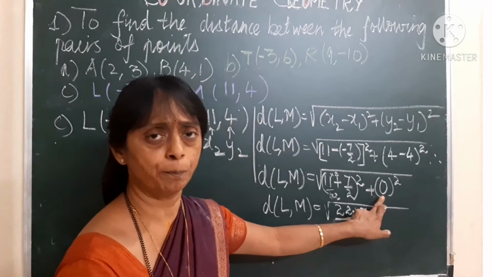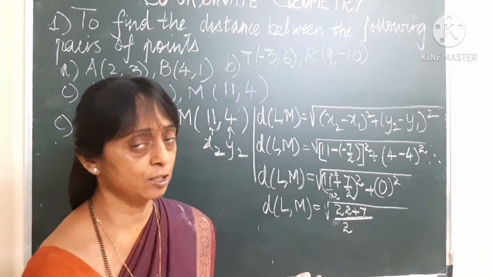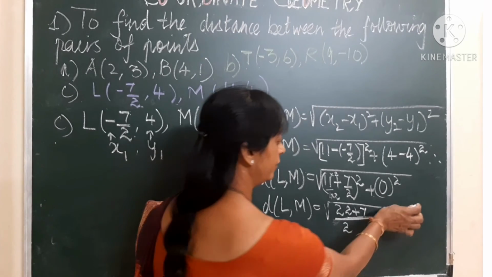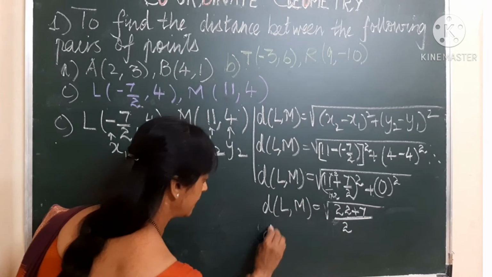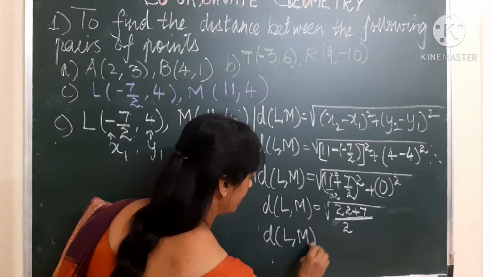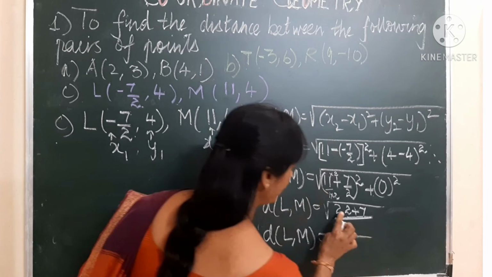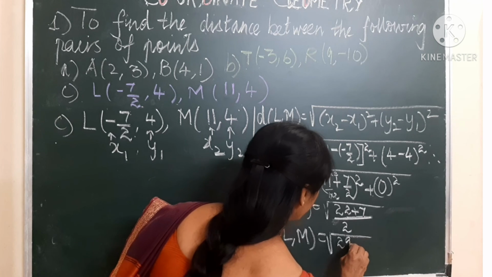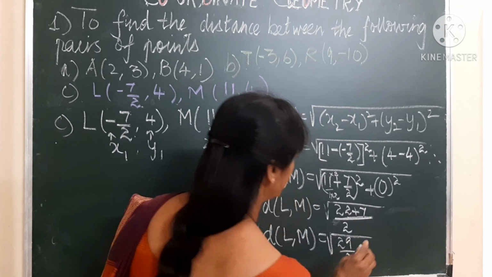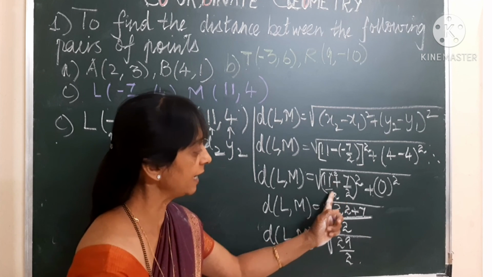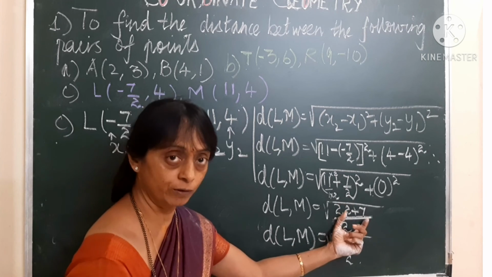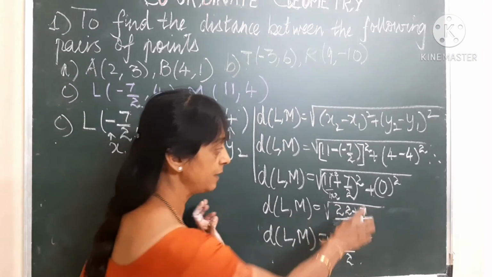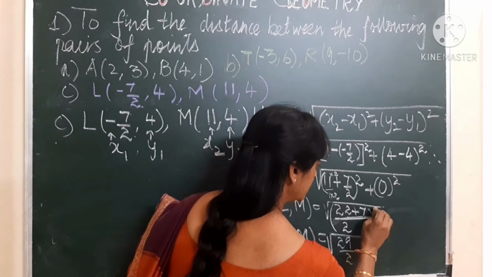What happens to plus 0 square? 0 has no value. So 0 square is 0. We need not write it. So ultimately distance LM will be equal to the square root of 22 plus 7 gives us 29 upon 2. Now children, over here we found the LCM. Over here we got 22 plus 7 upon a common number that is equal to the LCM, the whole square.